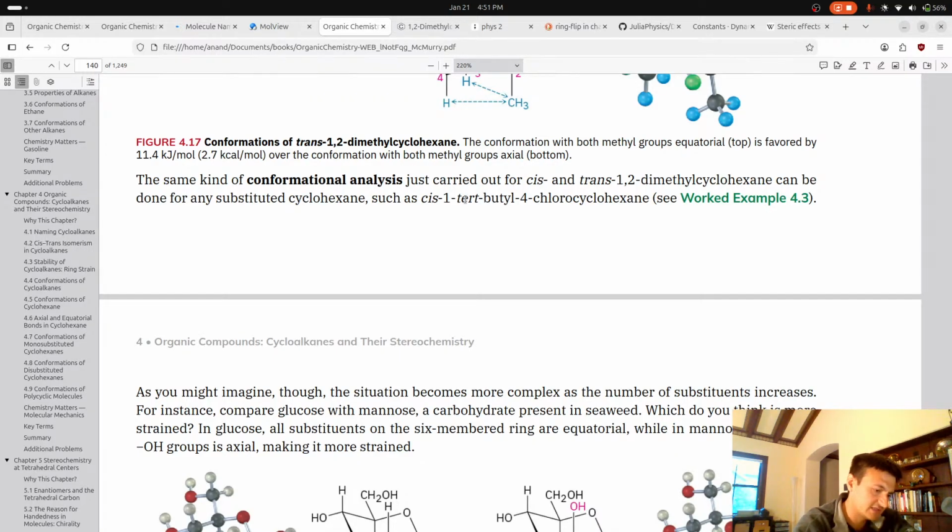But are there other effects? Like what about, this really should be kind of pointed up like this. 9.6 kilojoules per mole. But what about the extra hydrogen?